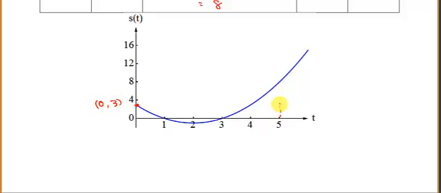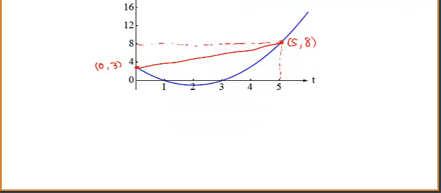At time t is equal to 5, we're at the point 5, 8. And so what we've really calculated, the average velocity, is the slope of this secant line between those 2 points.